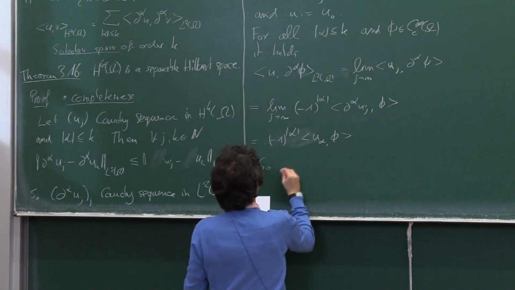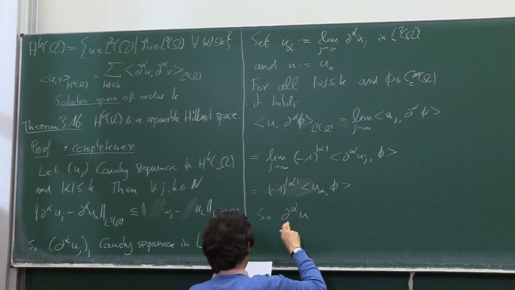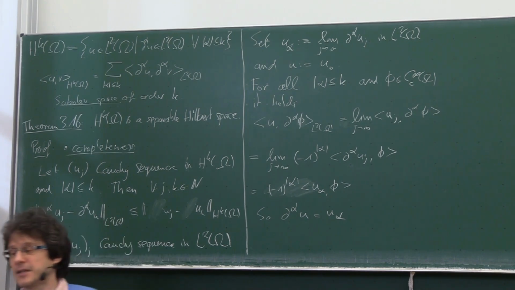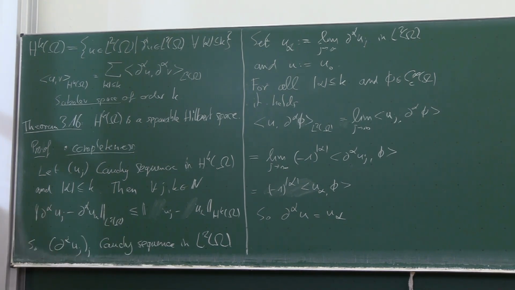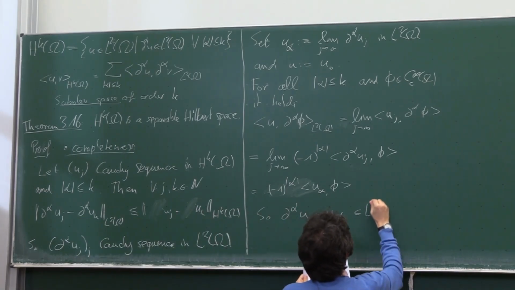So what we found is that the function u has a weak derivative, this exists, and it is exactly the limit that you get if you take the weak derivatives of uj and take the limit. Okay, in particular, this is in L2.